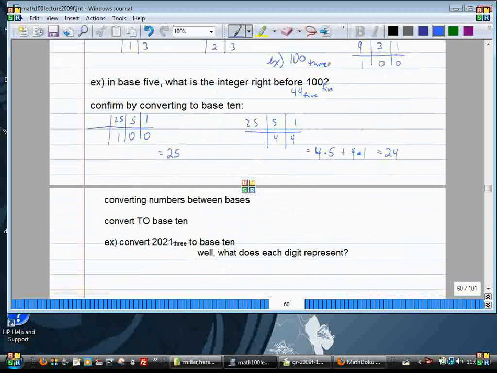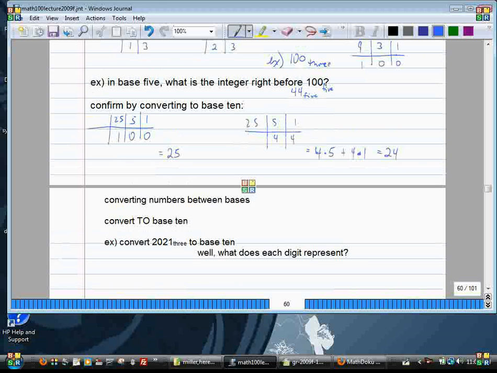So, for example, suppose I have the number 2021 in base 3. Let's convert that to base 10. How do you do that? Well, you make your little place value picture. So what does each place value represent? Starting from the smallest, that's always the easiest.